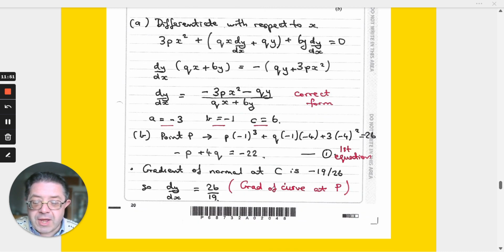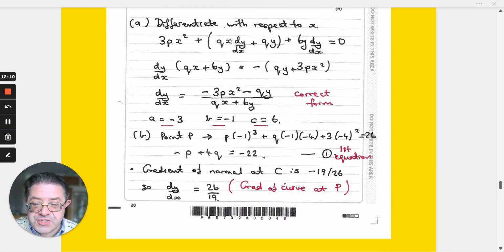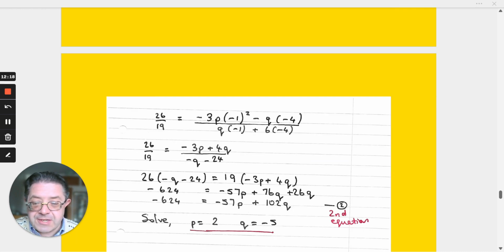So first of all, I'm going to substitute in the point P, minus 1, minus 4, and that gives me one equation in p and q. Minus p add 4q equals minus 22. Now we know that the gradient of the normal will be minus 19 over 26. So the tangent at the point P will be the minus reciprocal, which is 26 over 19.